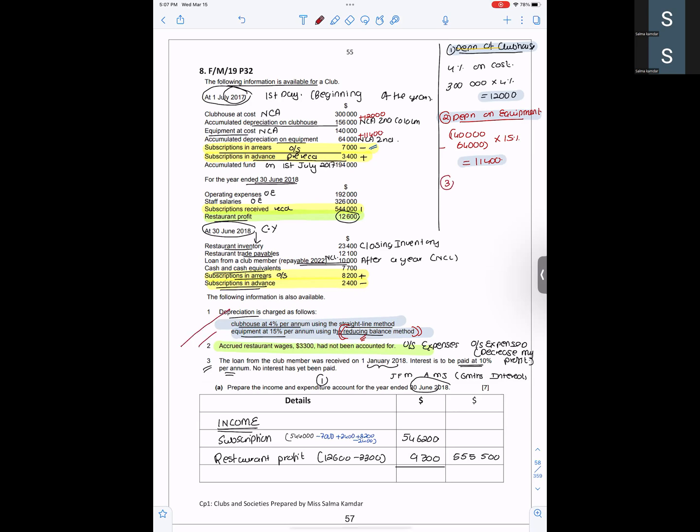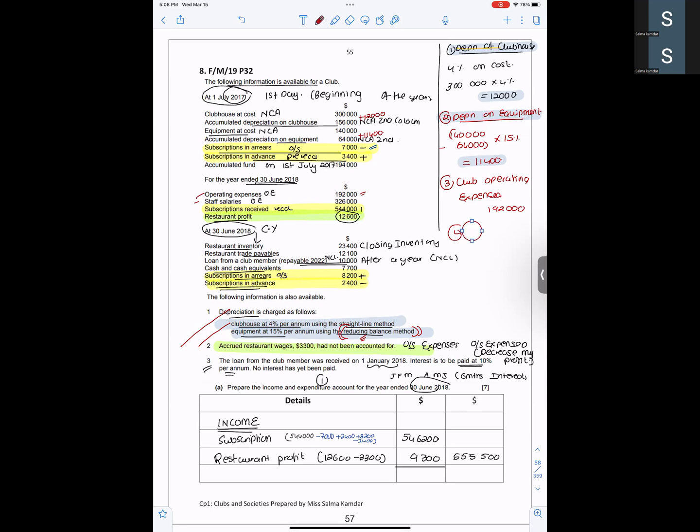This part is done. I have operating expenses of 192 and there is no adjustment related to operating expenses. So my third expense is club operating expenses, and club operating expenses is 192,000. Fourth is staff salaries.